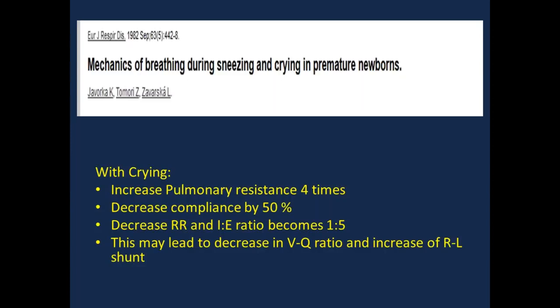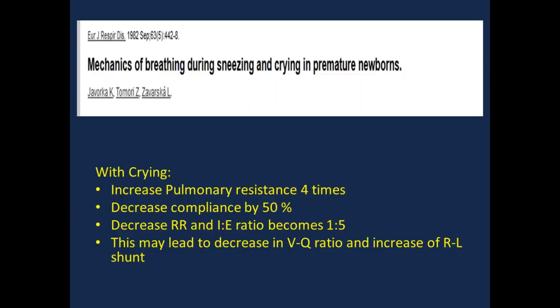They found that resistance increased 4 times with crying, and compliance decreased by 50%. The ratio between inspiration and expiration changed from 1 to 5 to 1 to 2. So you have very long expiration, which is worsening the functional residual capacity and evacuating the lung of air. This might lead to increased VQ mismatch and increased right to left shunt.